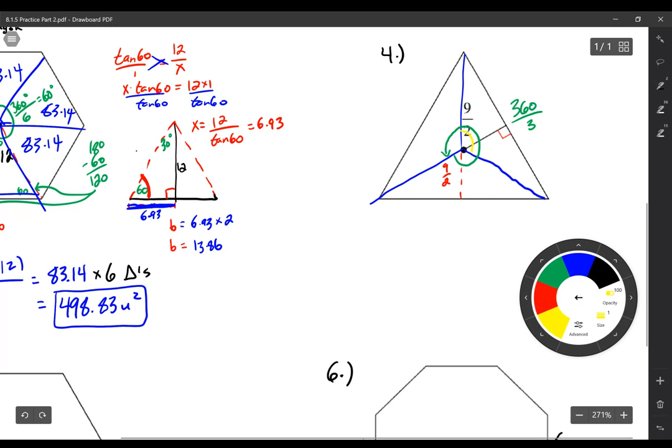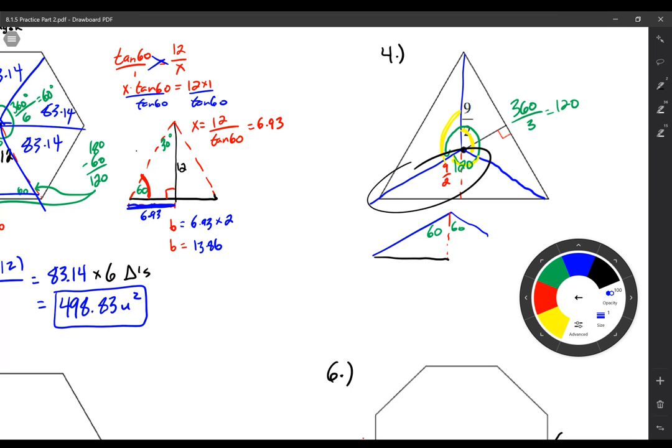So we have the one angle right here, one angle right here, and one angle right here. Those are all going to be 120 degrees. So this is 120. When you break up the triangle like this, so that's just this part right here, we know that this is only 60 because the other 60 is over here.